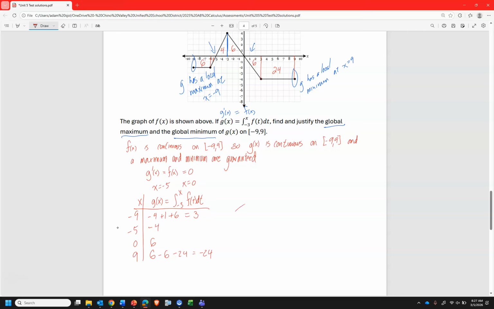So we can just say the global maximum of g of x on negative 9 to 9 is 6, and the global minimum, I'm going to skip over saying of g of x on negative 9 to 9, I think that's implied because it's part of the same sentence, is negative 24. I hope that helps.